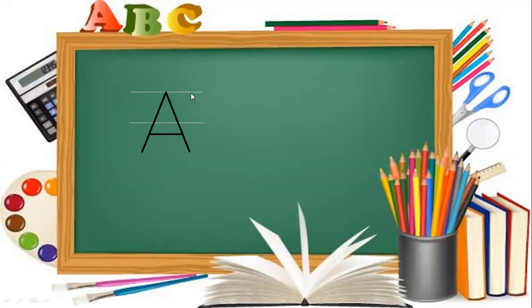You will use the first 3 lines of your copy. Start from the bottom and go to the top and draw a slanting line. Look here, this is a slanting line. And then from the top to the bottom using the 3 lines of your notebook, draw another slanting line from the top to the bottom, and at the top touch and match these 2 lines.